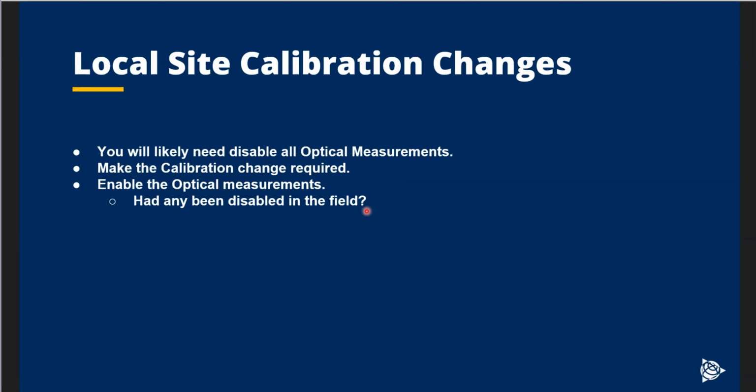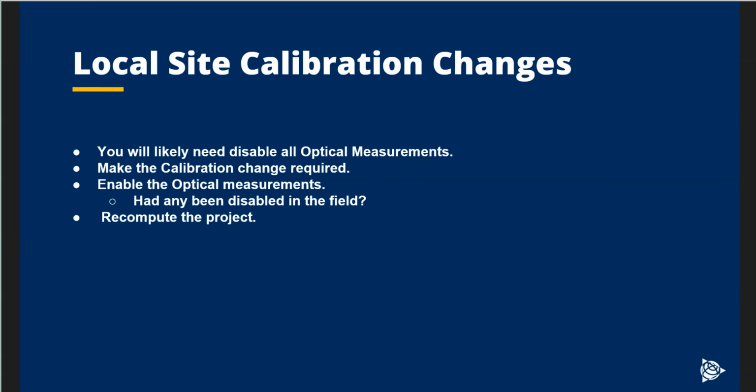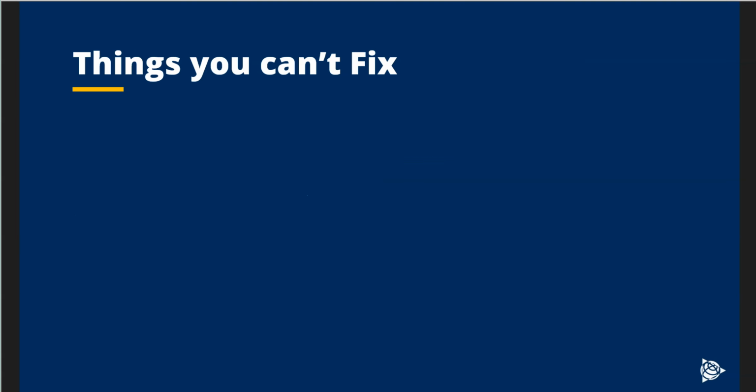So before you disable them, you need to look at which observations were shut off in the field, because you might not want to turn those back on. So you need to pay attention to this chronologically when you do this. That can make life a little more difficult. So pay attention to that. And then recompute your project and make sure it works and that you've got all your points, so you're not seeing that crazy error.